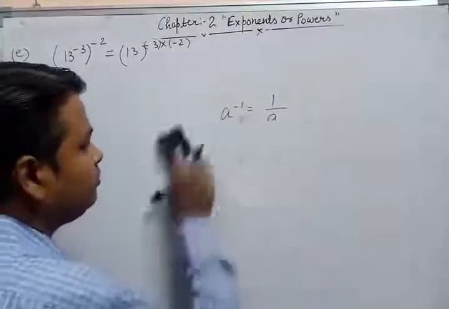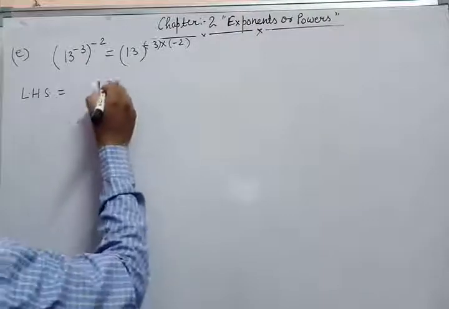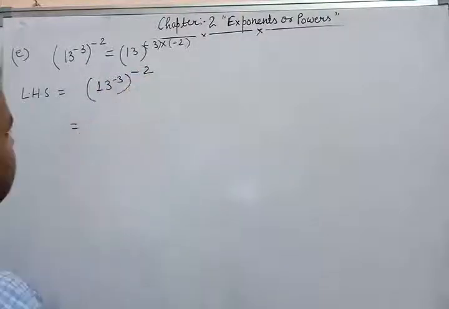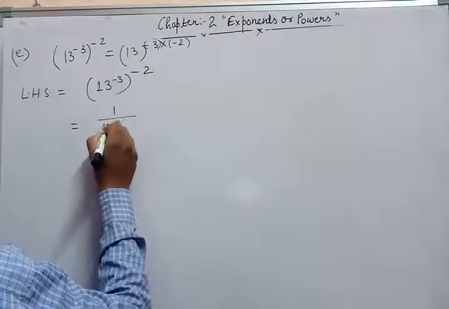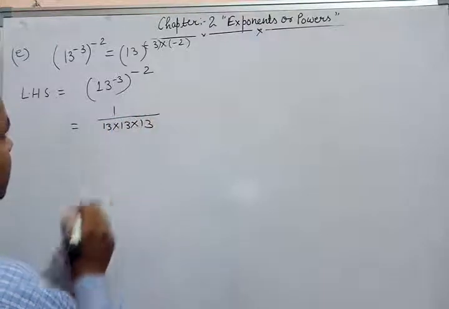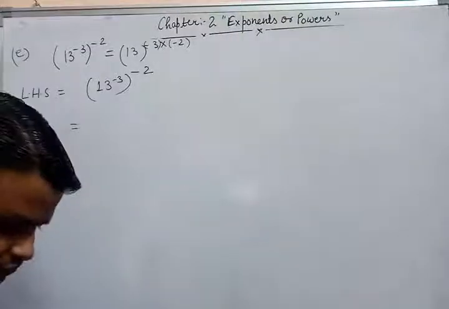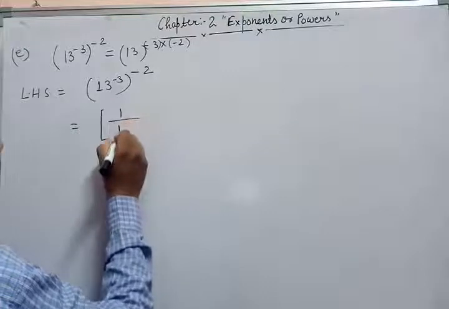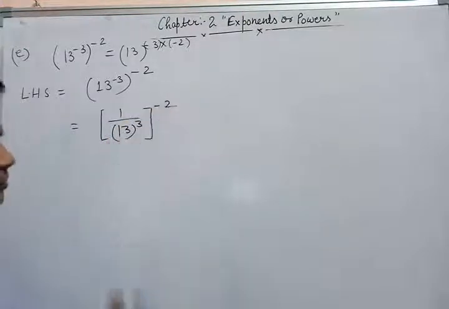Okay, then 13 to the power minus 3, the whole to the power minus 2. We can write 13 to the power minus 3 as 1 upon 13 into 13 into 13, because 1 upon 13 to the power 3, to the whole power minus 2.